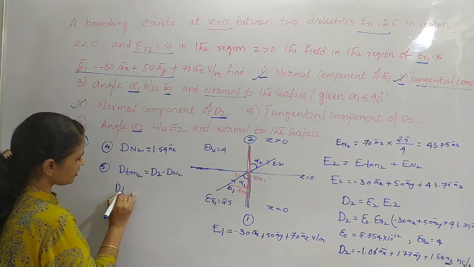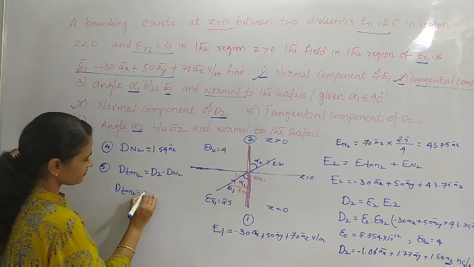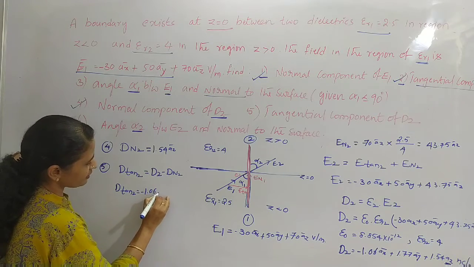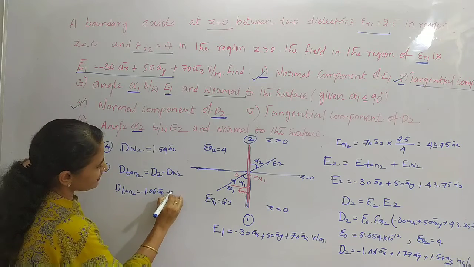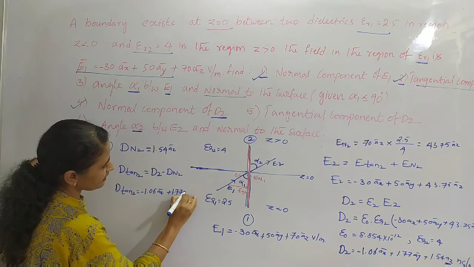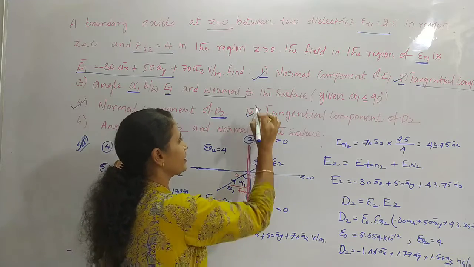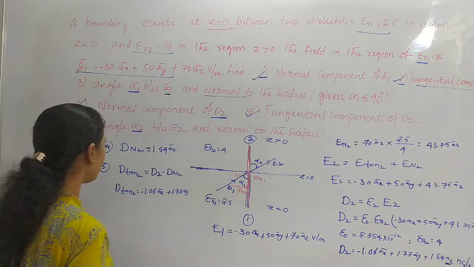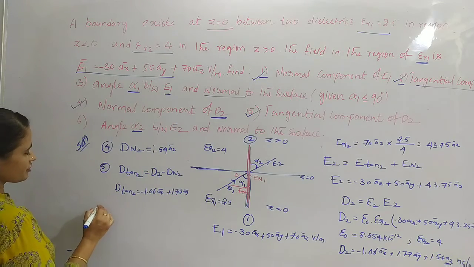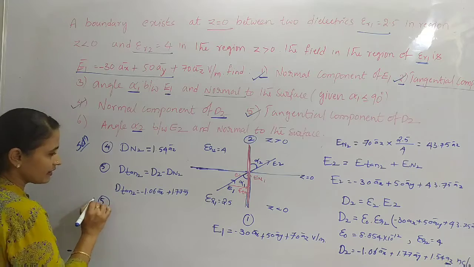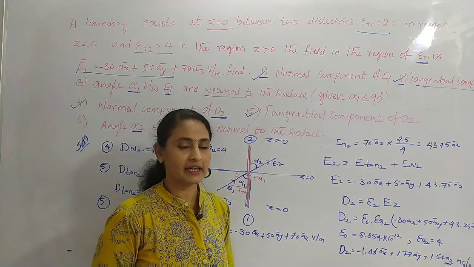So our tangential component is minus 1.06 ax plus 1.77 ay. This is the tangential component of D2. So this is about the fifth bit of the question.